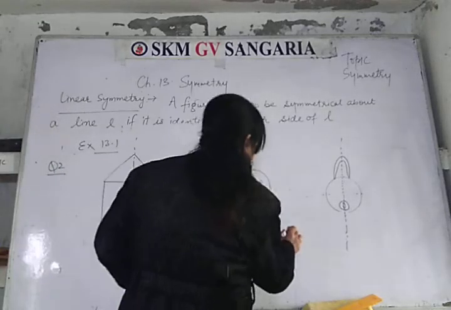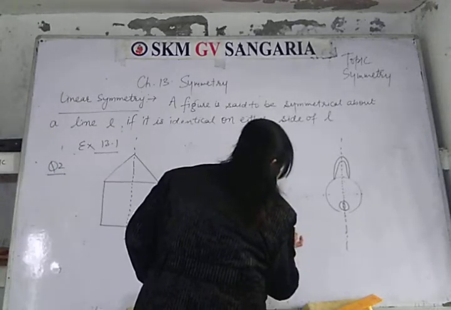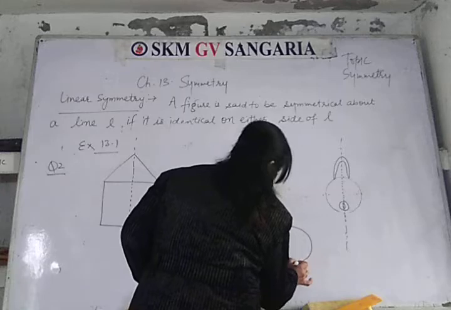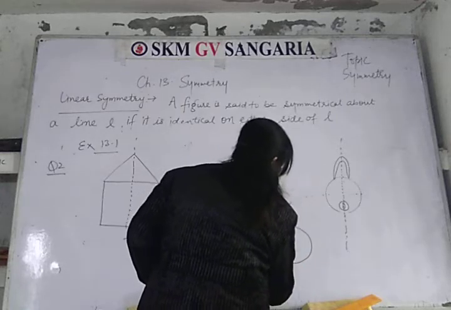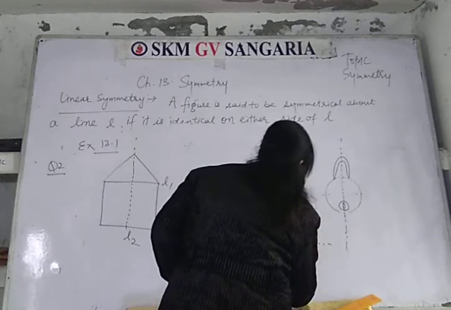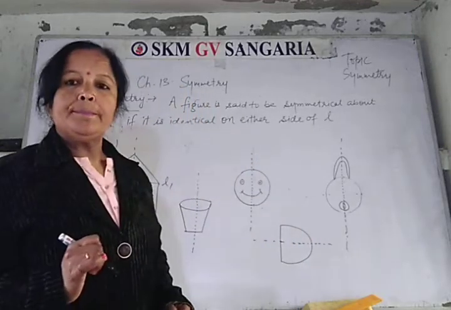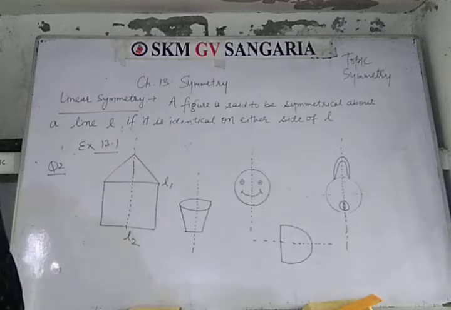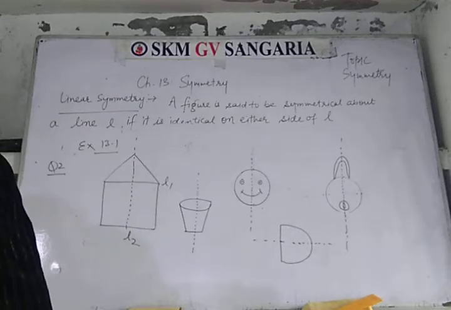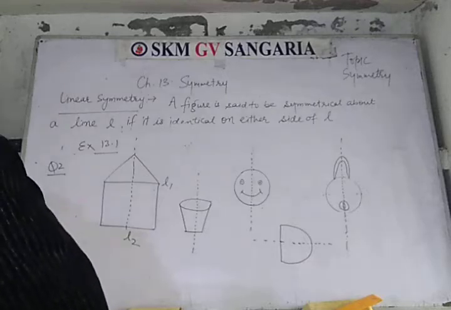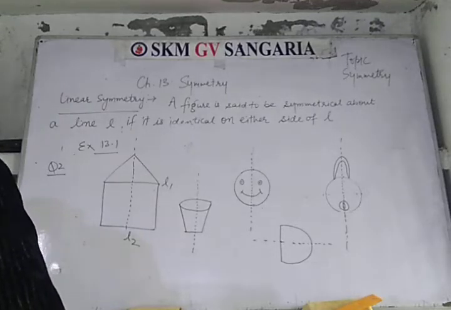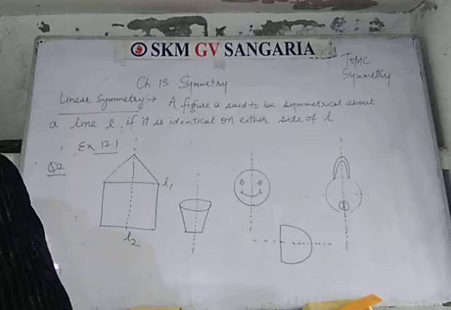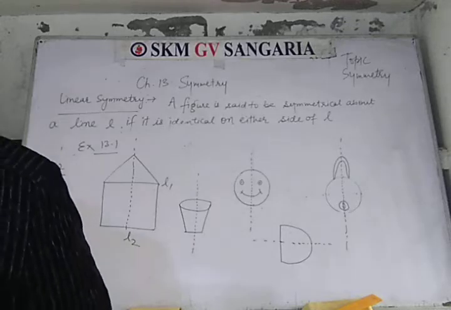If D is here, you can draw a horizontal line of symmetry in this way. So which shapes here are symmetrical? A, B, D, E and F also.